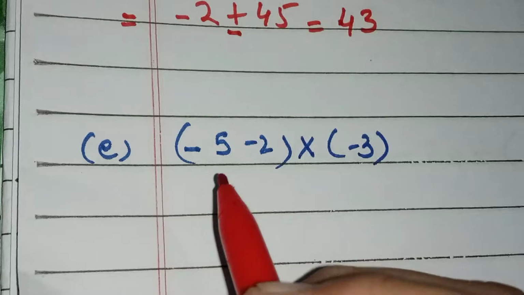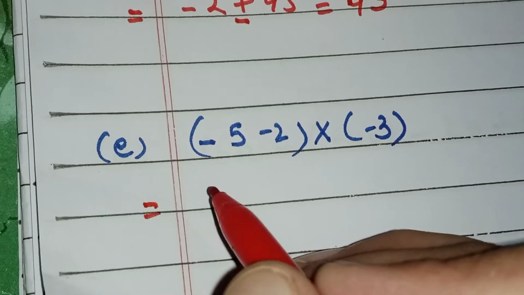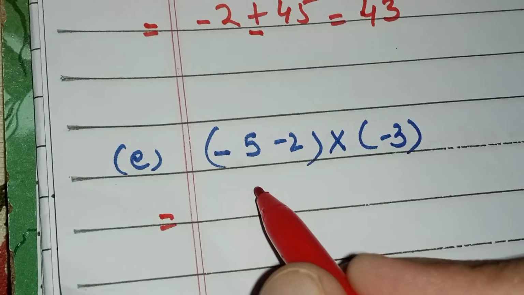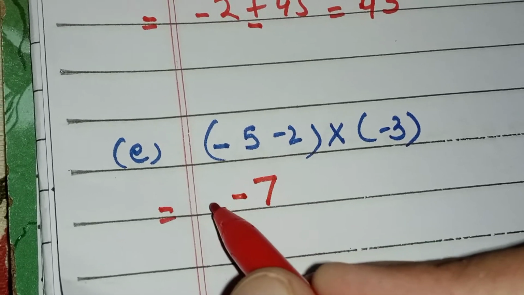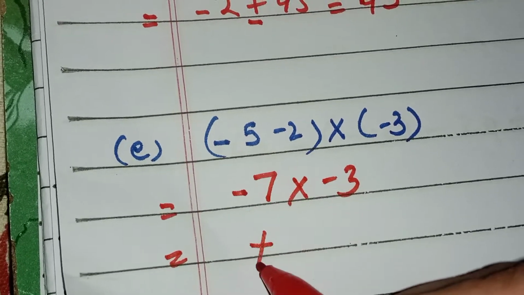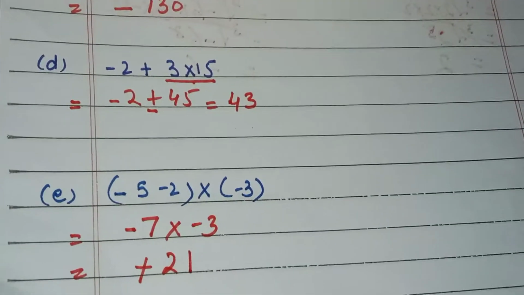Now here is also a multiplication sign, but I use BODMAS. First I solve the bracket. Minus minus plus 7, but the sign is of the big number, and minus 3. Now minus minus plus, and 7 threes are 21, which is the answer of this question.